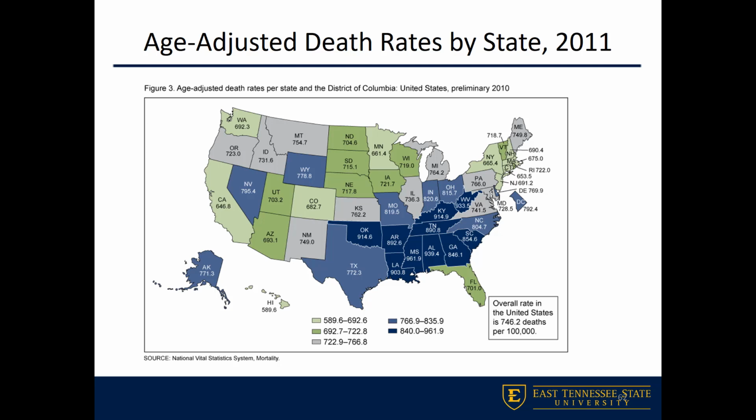And so we see that there's a clustering of dark blue in the southeast. This is the region that many of us reside in. And so this is an important factor to think about.